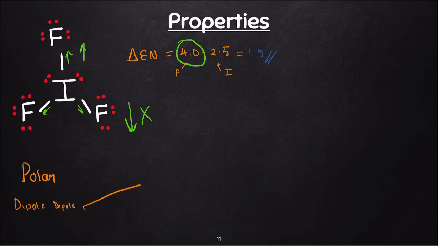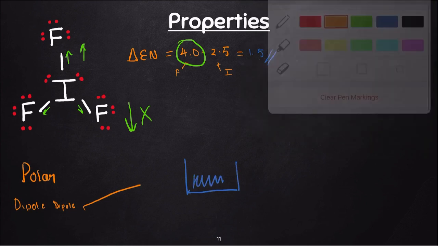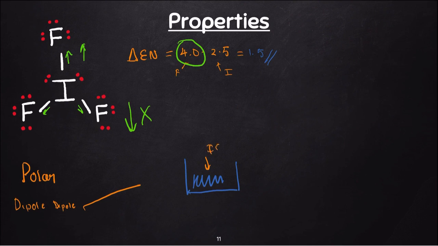And if we know that, we can figure out some physical properties based off of that. One of the biggest physical properties that we have is that it is actually very soluble in polar solvents such as water. So if we put IF3 into water, then it will dissolve. And another thing that we need to talk about is the melting and boiling points.